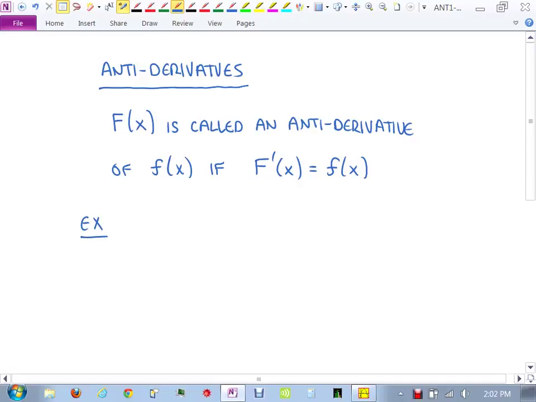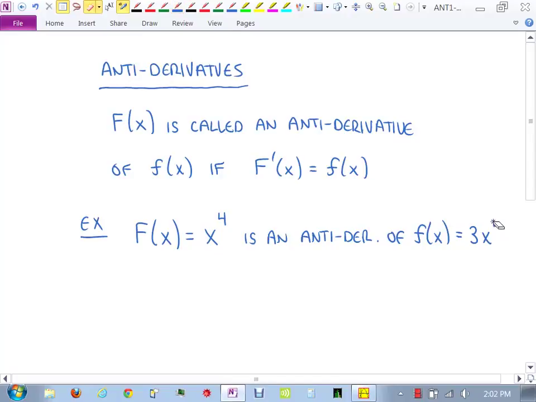Example. Would you agree that capital F of x equals x to the fourth, x to the fourth is an antiderivative of little f of x equals 4x cubed.